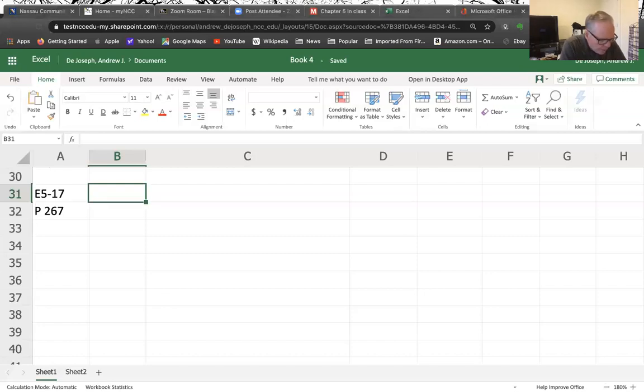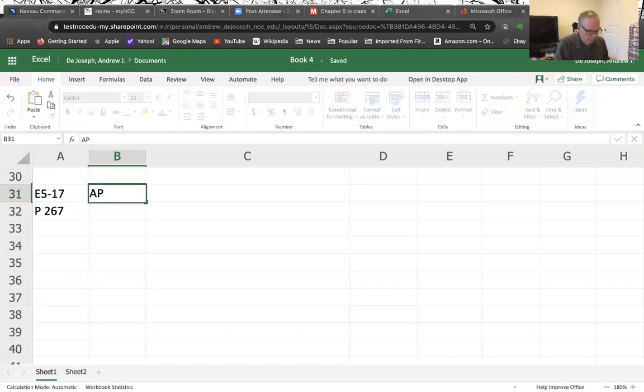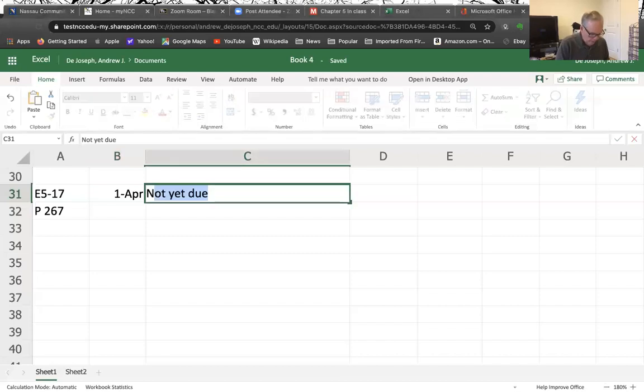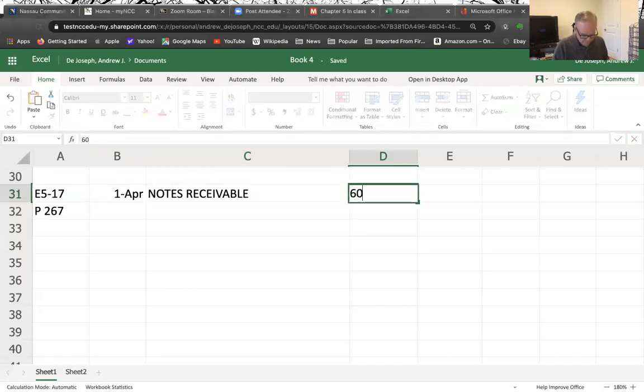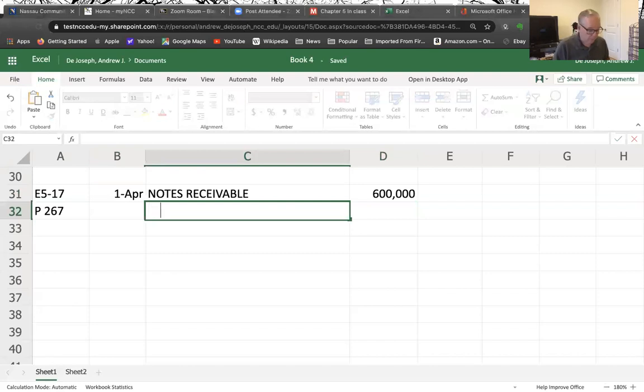Shoemaker agrees to lend $600,000 to its supplier using a 12-month 11% note. So what entry is going to get made on April 1st? Debit notes receivable, $600,000, right?